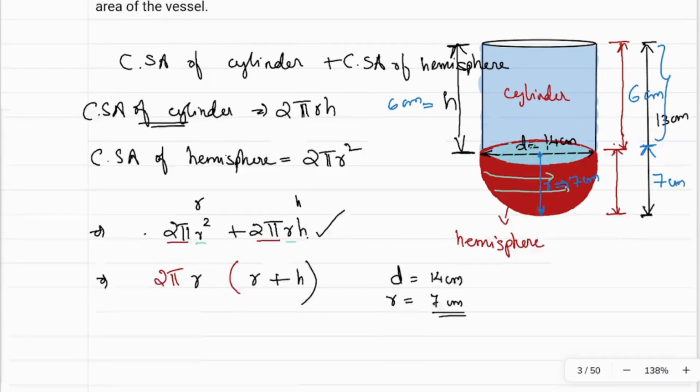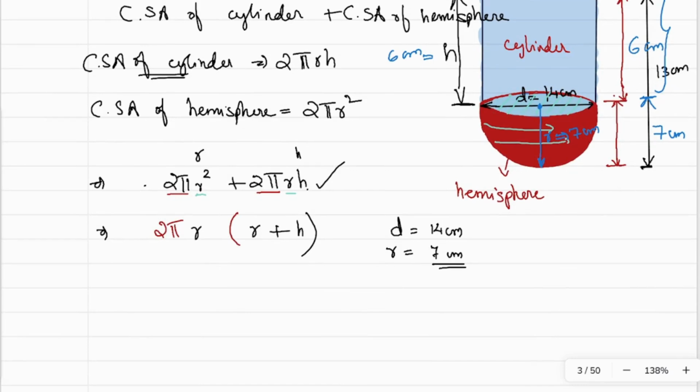So now we got h, we know the r. Now we need to substitute all those values here. 2 into 22 by 7 into r equal to 7, then r plus h, 7 plus h is equal to 6. Right?